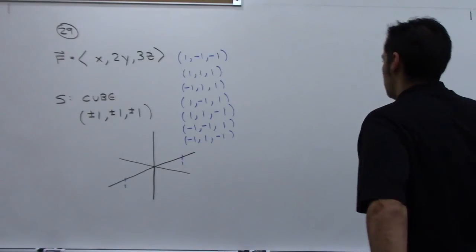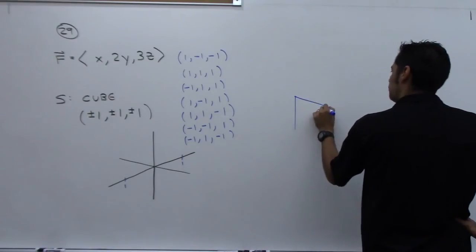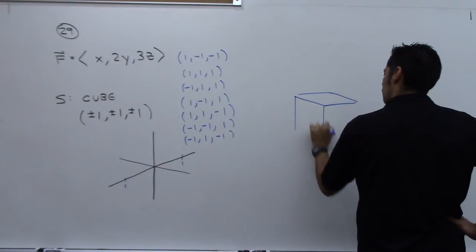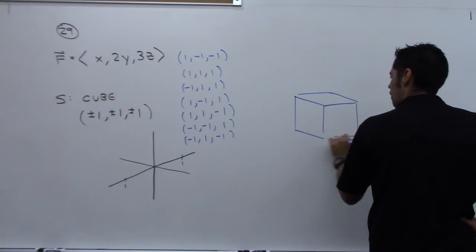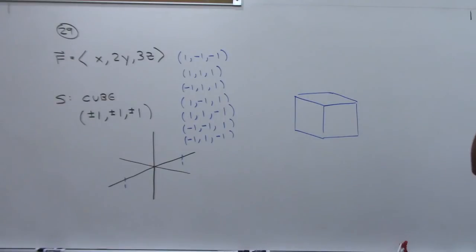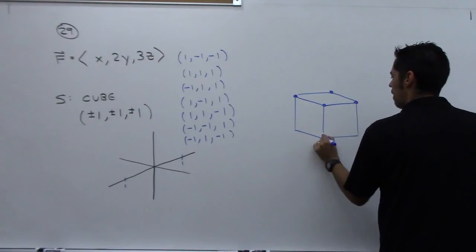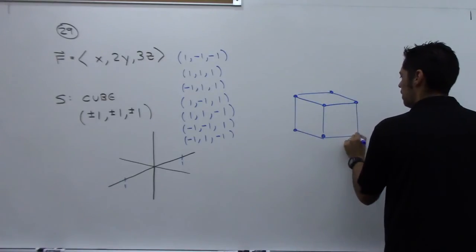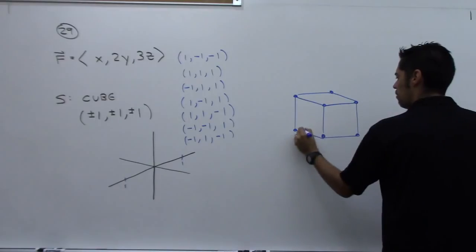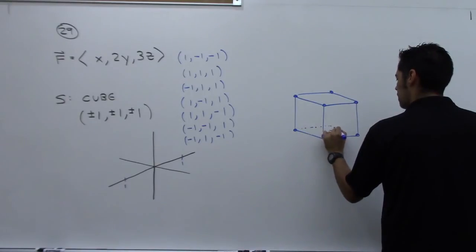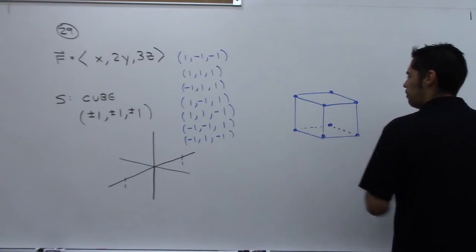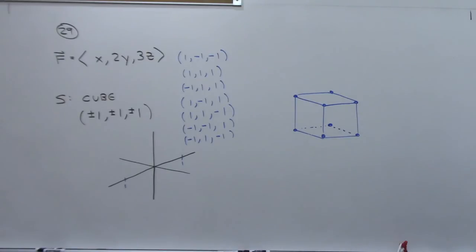Should have a total of 8, because it's a cube, right? So maybe it'd be easier just to do it this way, right? You got 1, 2, 3, 4, 5, 6, backside 7, 8. So somewhere in the backside of this, got that 8th point. Yeah, let's just do it this way.